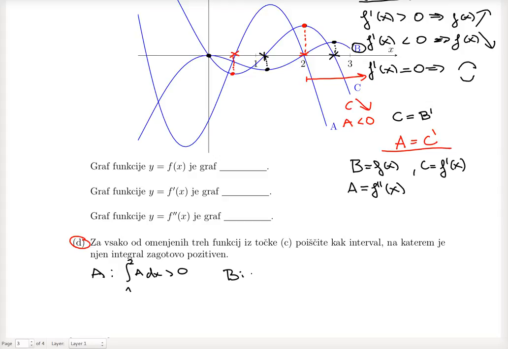For B, let's say that from 2 to 3 the function is positive, so we have here from 2 to 3 the function is positive.